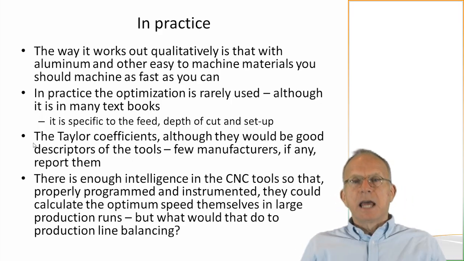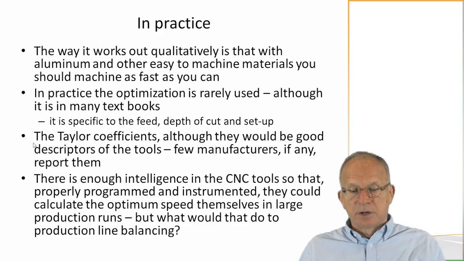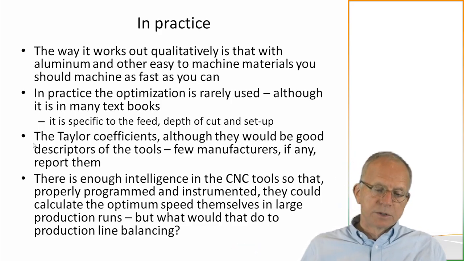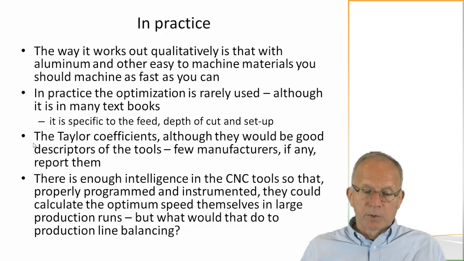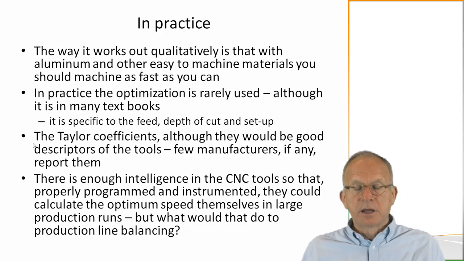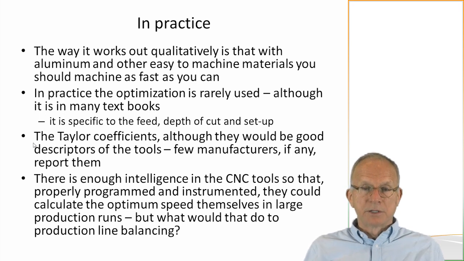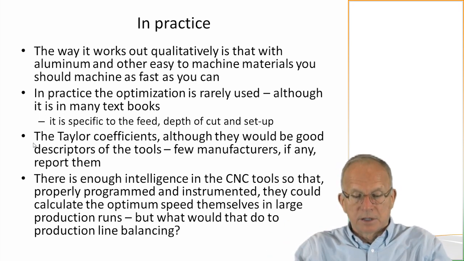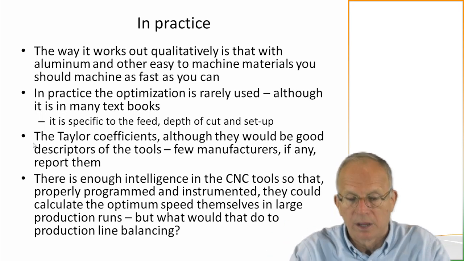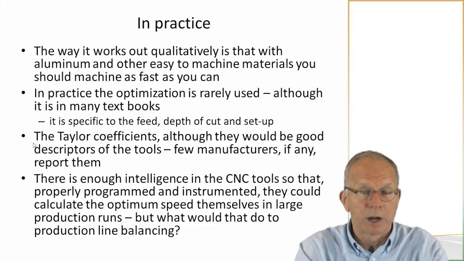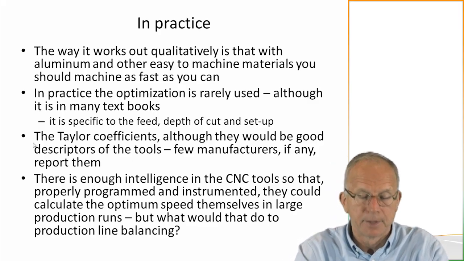But there's enough intelligence now, or they're connected to enough intelligence, the CNC tools, so that if they were properly programmed and instrumented, they could calculate the optimum speed themselves in large production runs by varying the speed a little bit and looking to see what happens to the tool wear, and then developing the whole thing. You could program a machine to do that all on its own.